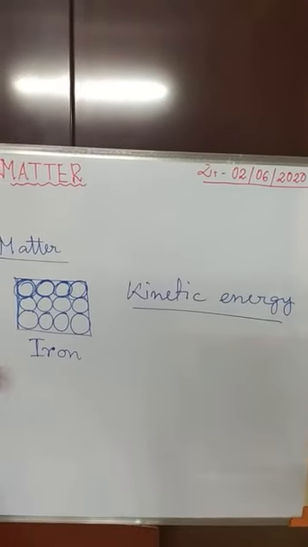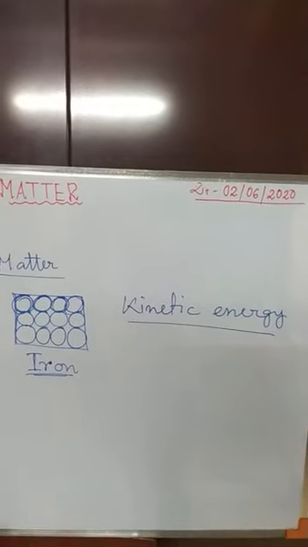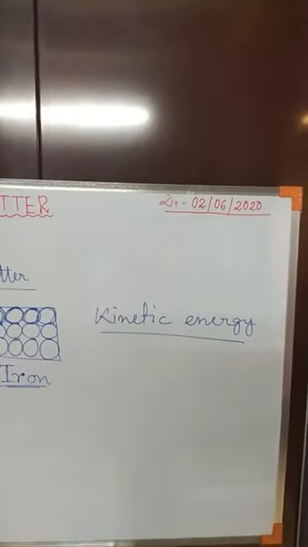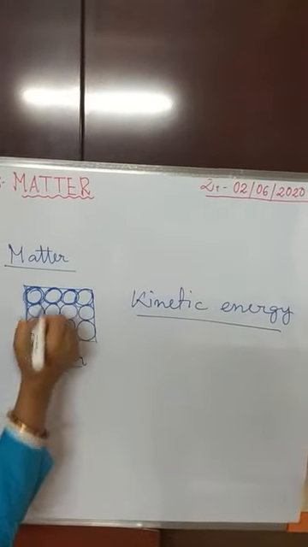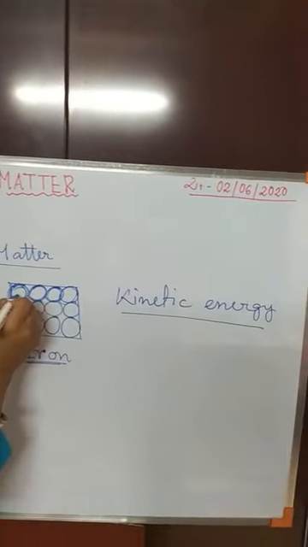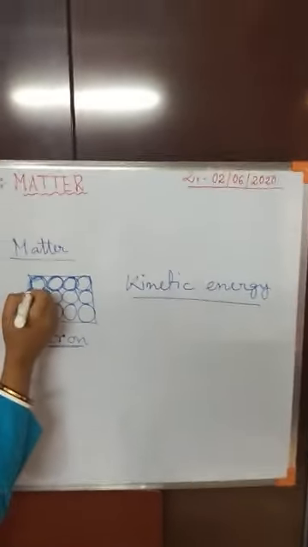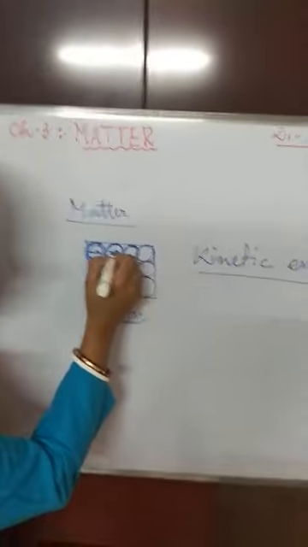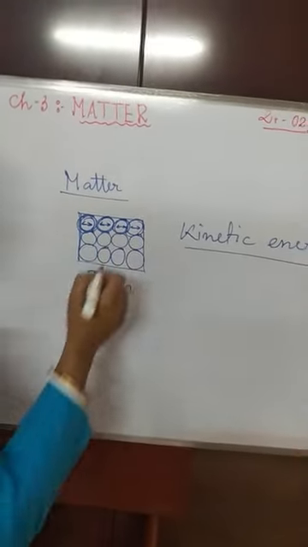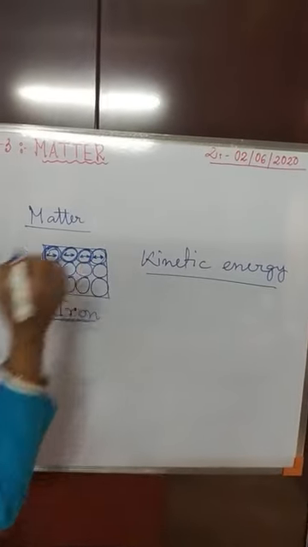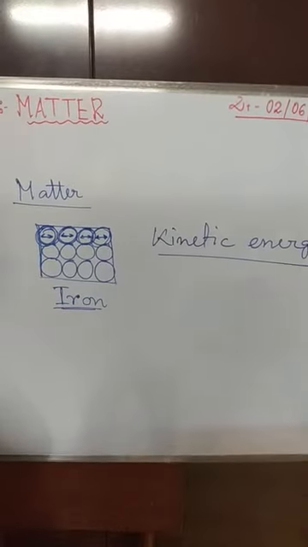For solid, here we have taken iron, so this is a solid. For this, kinetic energy is less, that's why these particles will vibrate. They will remain in this position only, but in that position they will vibrate in this manner. So without changing their position, they will remain in the same position, but they will vibrate.